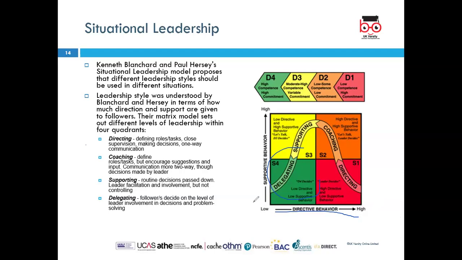And as we go towards the other side, you have the supportive behavior, in which, if you're delegating, you're giving less support, but as we go above this and where you're actually supporting, there's this change happening where there's more support.